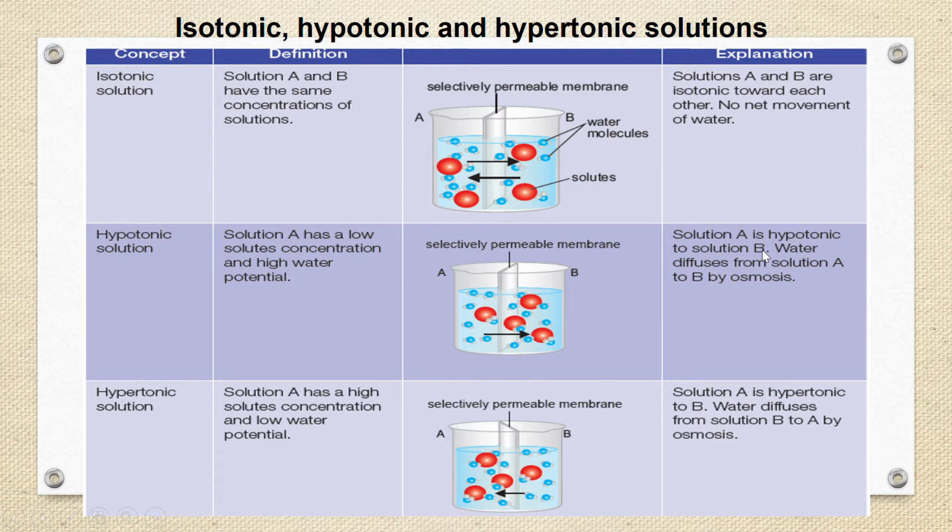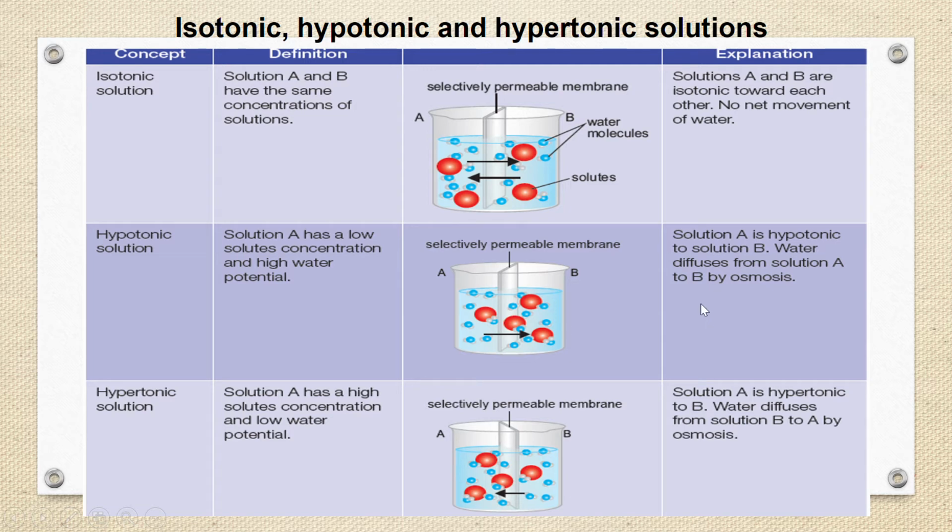Okay, having identified the concentration, the next step is to ask, is there any net movement of water? So in this case, yes, there is net movement of water. Then the next question is from where to where?